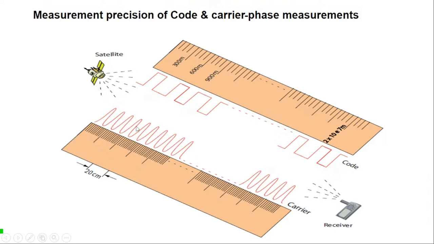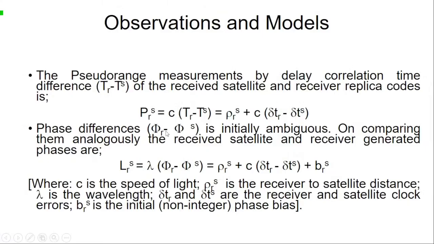If any fraction of change occurs due to different phenomena, it can be captured in the phase data, as compared to the code data, because that varies only between 0 and 1. But here you can see it has amplitude as well as time. It is not constant. It is dependent on time and also on the process and mechanism which is occurring. If something is there, it can be captured in your carrier data. These are the models to get your pseudo range, and this is the model to get the length using the phase data.